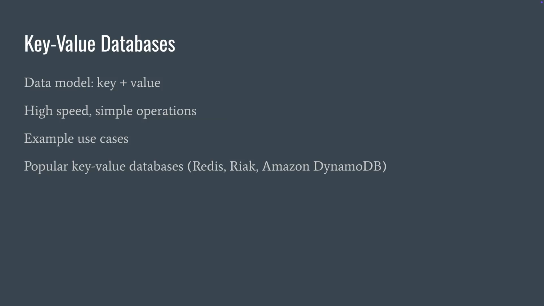It only sees an opaque chunk of data, and this simplicity can lead to very fast read-write operations since there is minimal overhead, especially if the database holds data in memory, as with Redis.